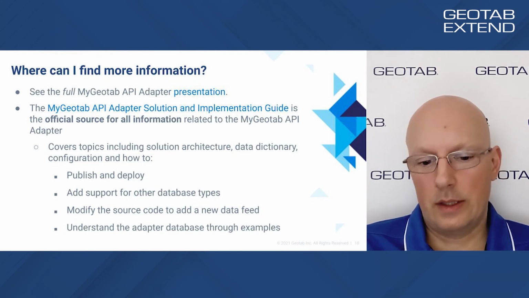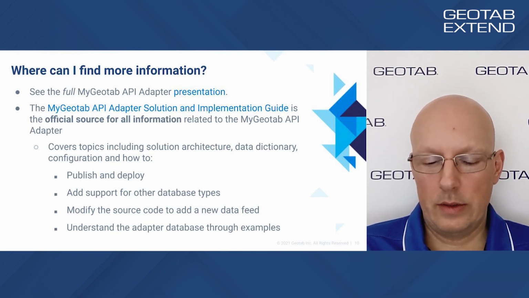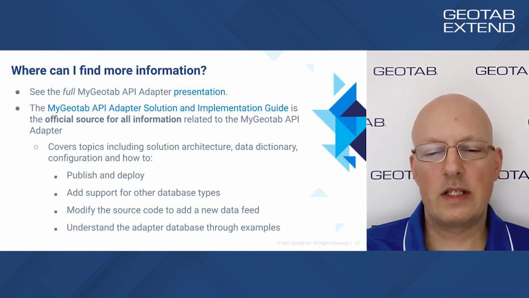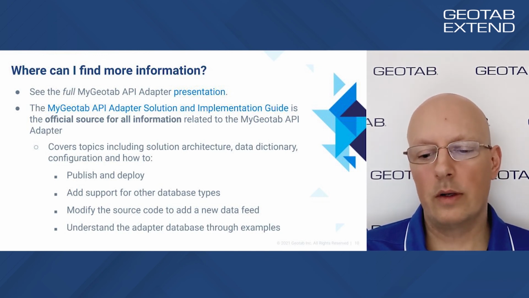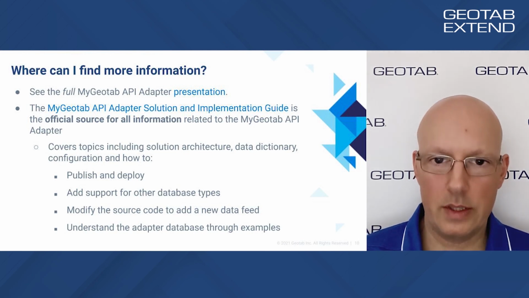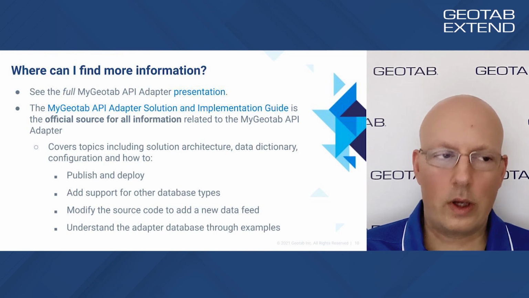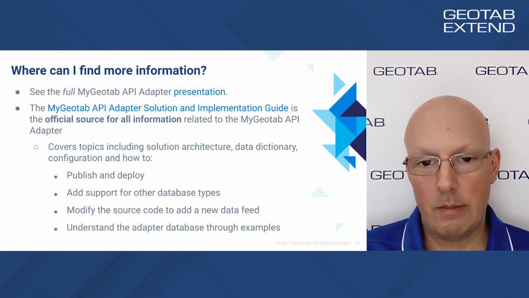There's also a section that's important to read, which is near the end of the document, which includes basically some examples that help you to understand how to work with some of the different tables in the adapter database. So there are some tricks when working with certain objects in the MyGeotab API.